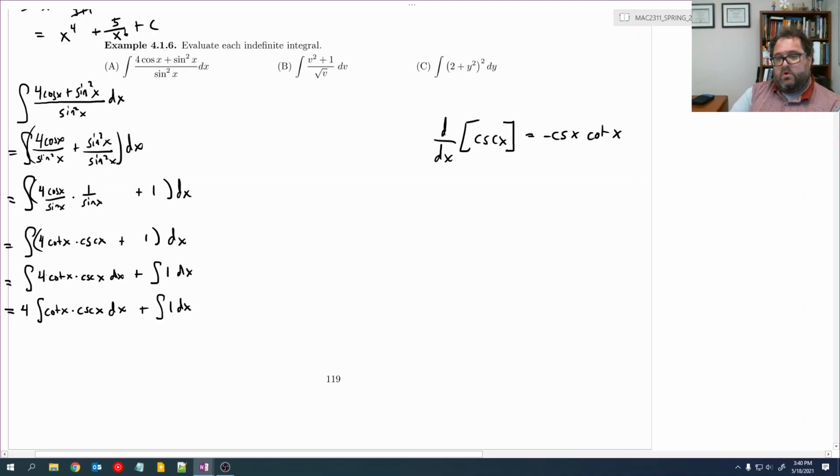Now notice we have a positive cotangent cosecant dx. So if we had a negative cosecant cotangent, we would know that the antiderivative is cosecant, but we don't quite have that. But how can we fix that? Well, we could fix that by putting a double negative 1 out front. A double negative is a positive, right? So I haven't changed anything.